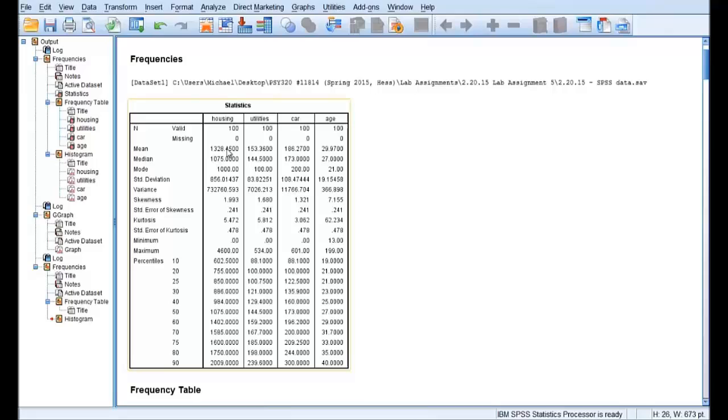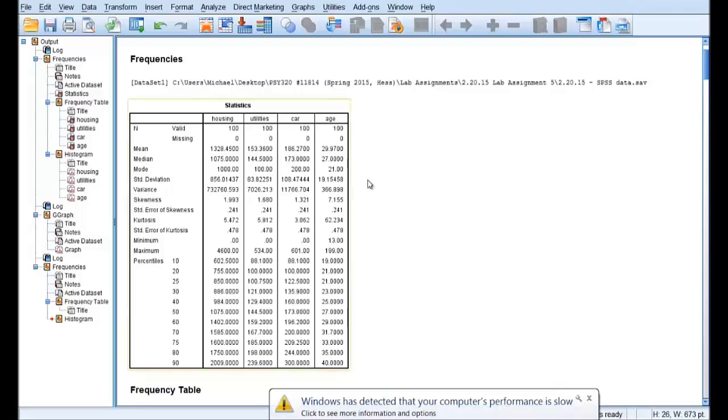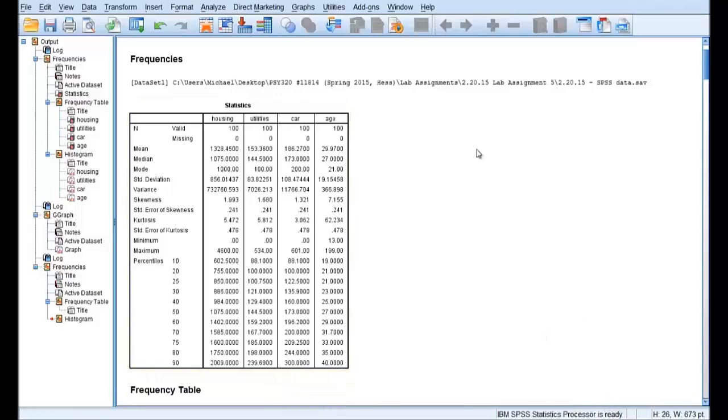So right away you can see the average cost of housing was $1328.45. That's maybe in Los Angeles. That's the average rent price. For utilities, people spend an average of $153, and you can see the average car price and the average age as they go along.